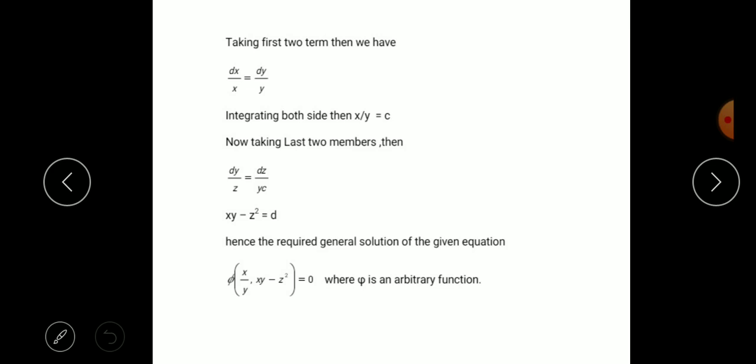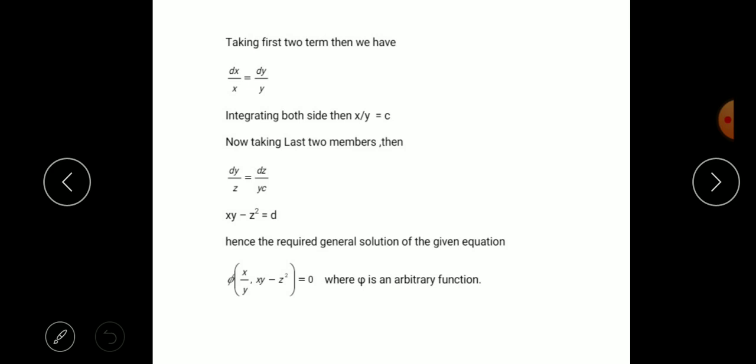Now we take the last two members of the auxiliary equation, and by putting the value of x, we get dy by z is equal to dz upon yc.